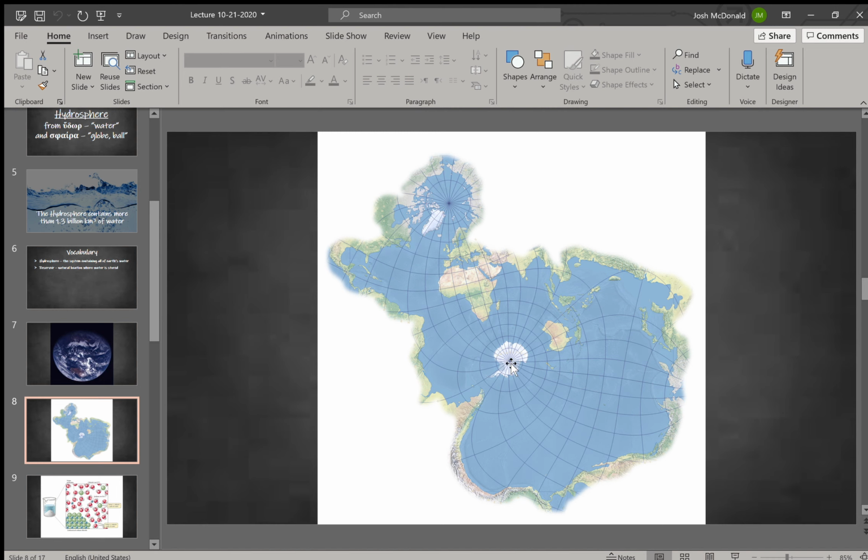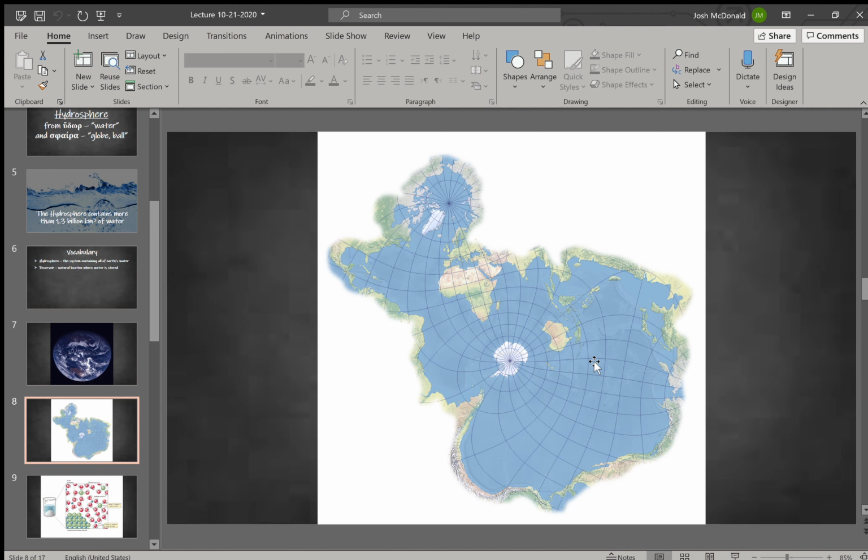Here's the South Pole, so there's Antarctica, and the Pacific Ocean. The Atlantic Ocean, Indian Ocean, up into the Arctic, so you can see how they all connect. This is all of Earth's ocean, one big ocean. That is a huge reservoir.